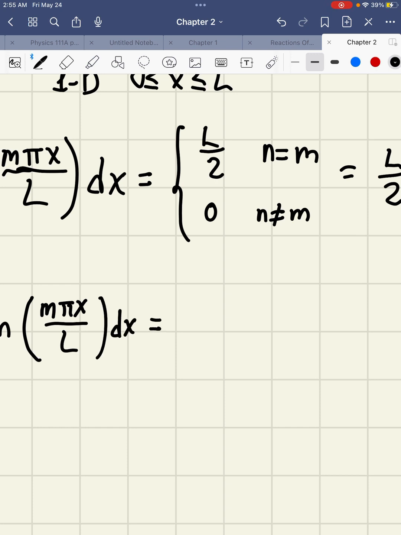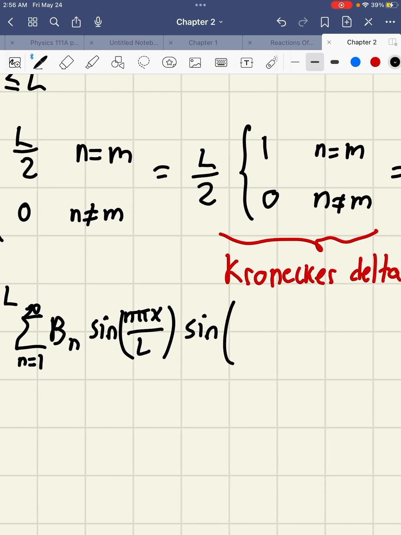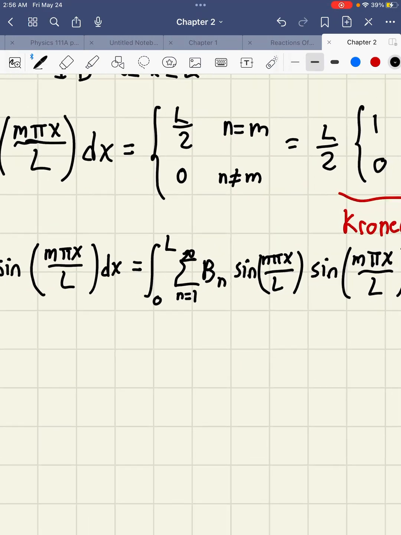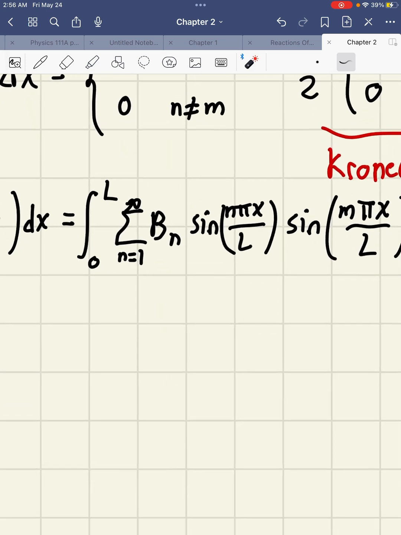That's equal to, now I'm multiplying the same on the right side, 0 to L, sum from n equal to 1 to infinity of b of n sine n pi x over L times sine m pi x over L dx. Now my Riemann sum and b of n are independent of x, so I can write them outside of the integral.